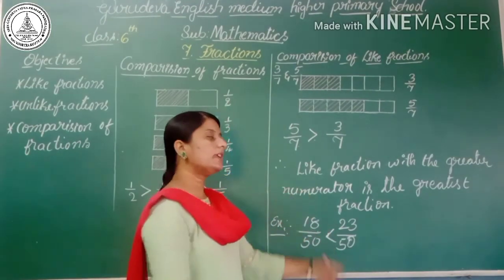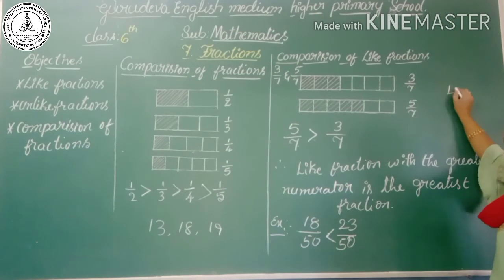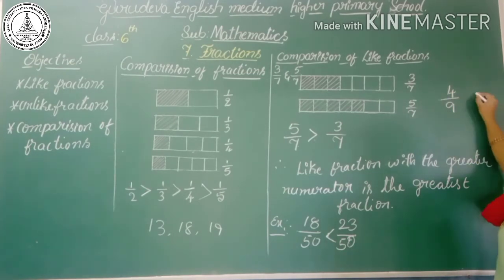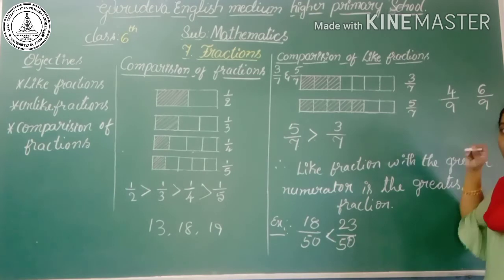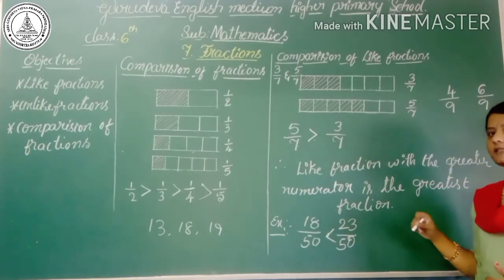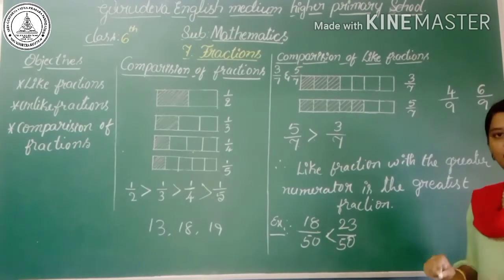You can also compare, for example, 4 by 9 and 6 by 9. In these two fractions, which fraction is greater? You can see these two are like fractions.